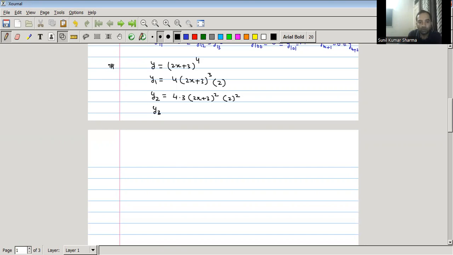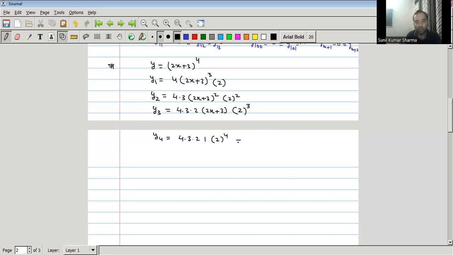Now come to y3. Again differentiate y2 with respect to x. So we get 4 into 3 into 2 into (2x plus 3). Again differentiate 2x plus 3, you get 2. So 2 into 2 squared, you get 2 cubed. Now what is y4? y4 is 4 into 3 into 2 into 1 into 2 to the power 4.